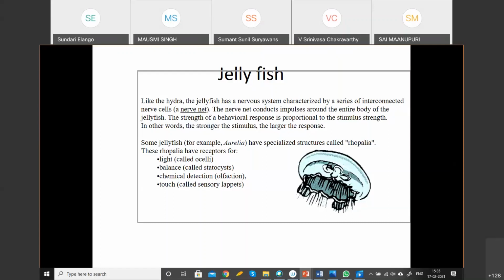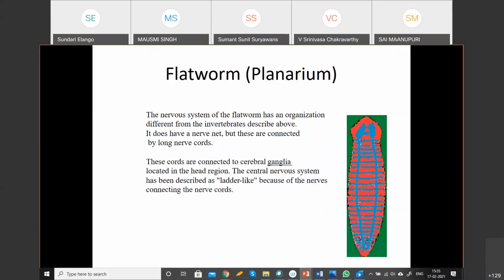So it has cells which sense light and cells which sense balance, and that enables it to control its direction of motion. Then for chemical detection, it has some kind of olfaction; it can sense the presence of nutrients in the water. It also has touch sensors. So this also has a nerve-net kind of nerve system.